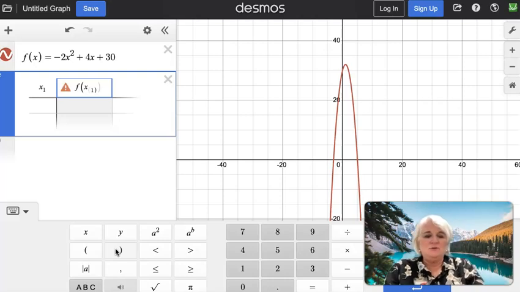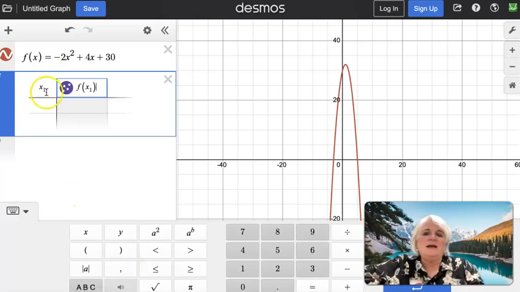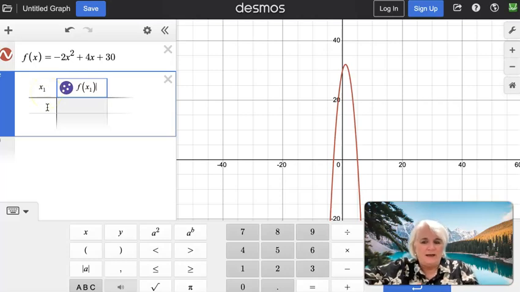Oops, I need to get out of there first, so I'm pressing the arrow to the right on my laptop keyboard, and it will move past the sub, and now it will be normal where I press the parenthesis and close it.